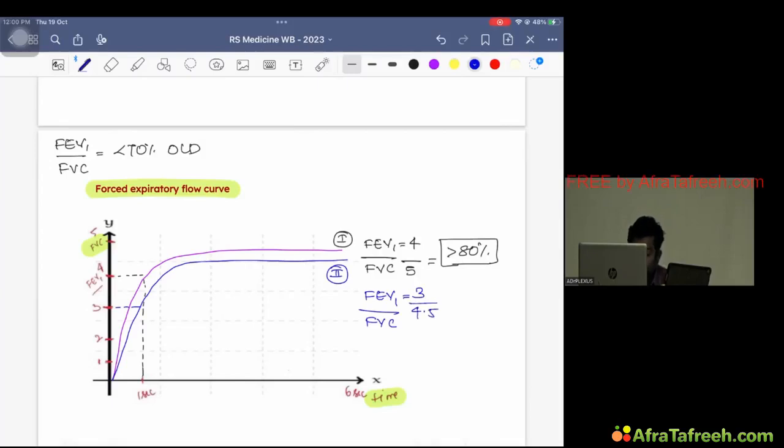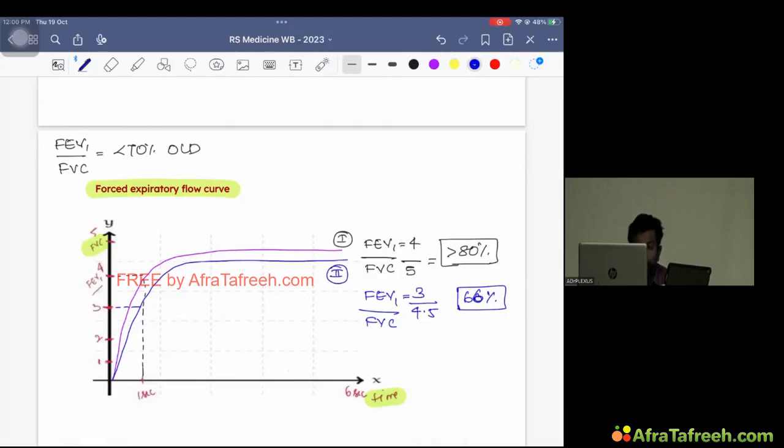When you take the ratio 3 by 4.5 into 100, you get somewhere around 66%. So what kind of lung disease is it? It is going to be obstructive lung disease.